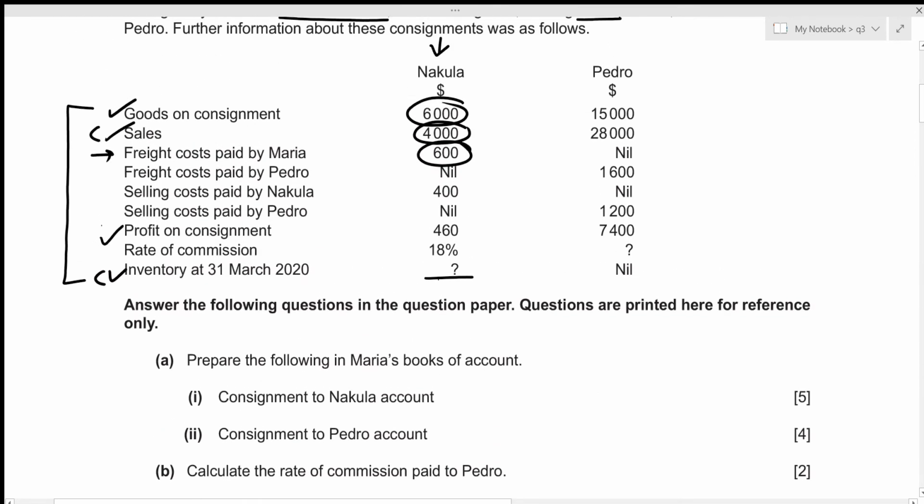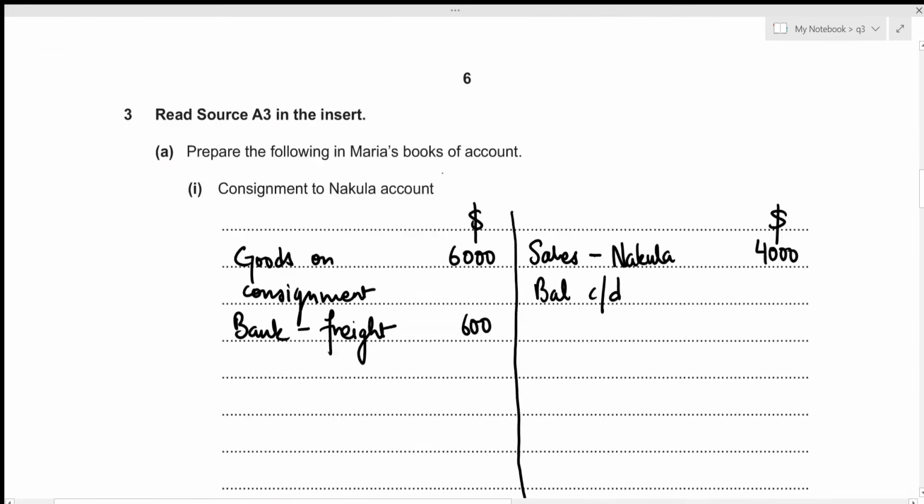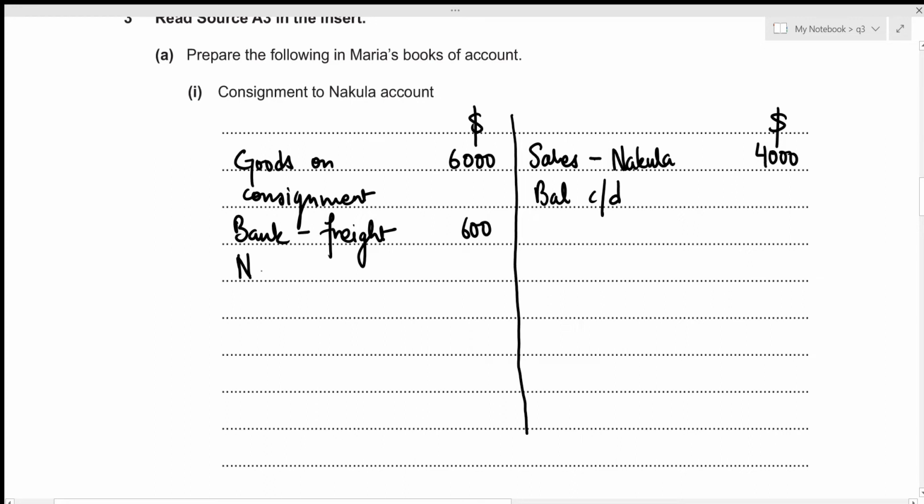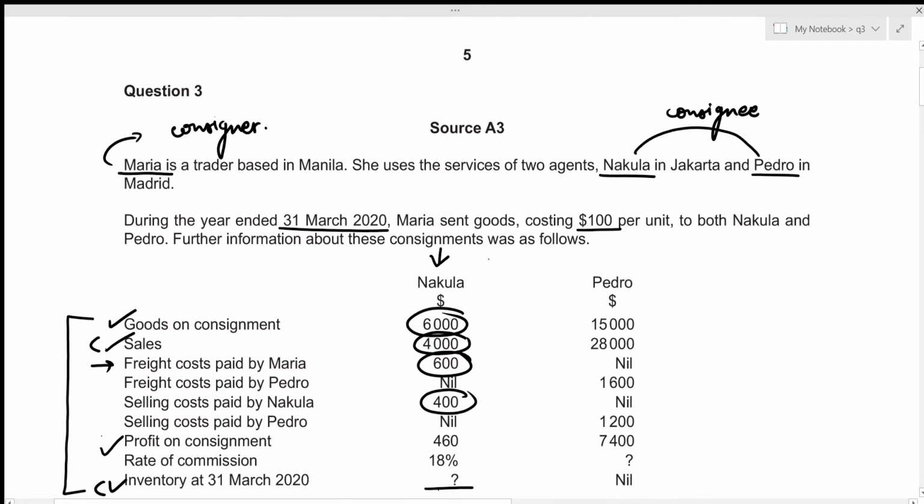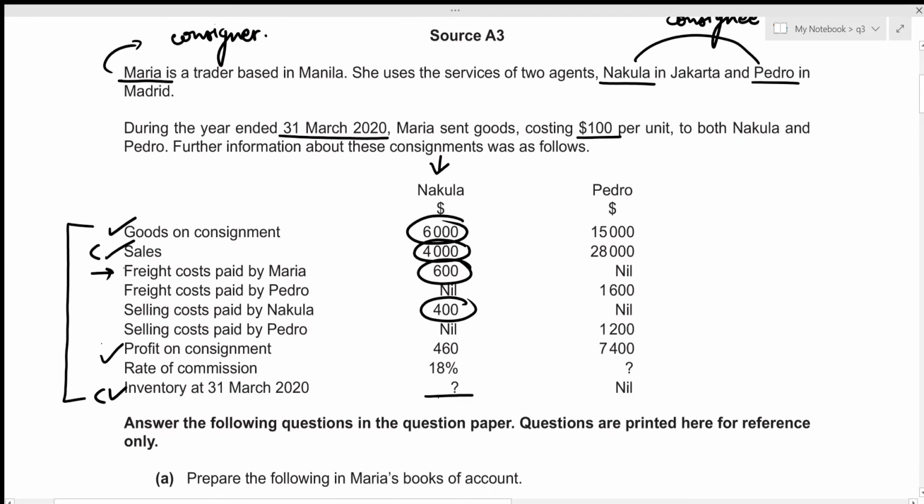Let's have a look above. And here we can ignore the freight cost paid by Pedro since we are creating the consignment account to Nakula, right? Then we can move to our selling cost paid by Nakula, which amounted to 400. And since this is paid by Nakula, this should be recorded under the heading of his particular name. Let's do that. So that's going to be Nakula. This is the selling expenses, and this amounted to 400. Let's have a look above. So we are done with our freight cost, our selling cost, and we are given the rate of commission to be 18%.